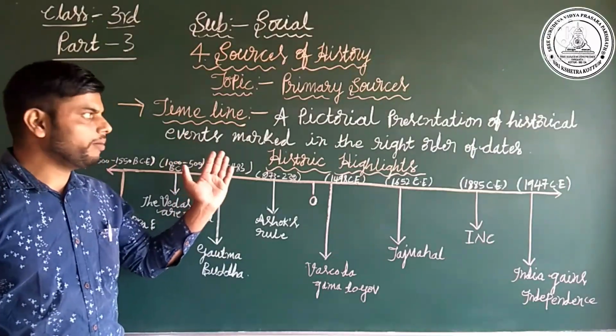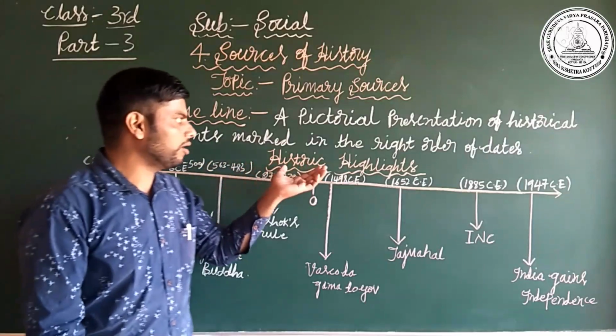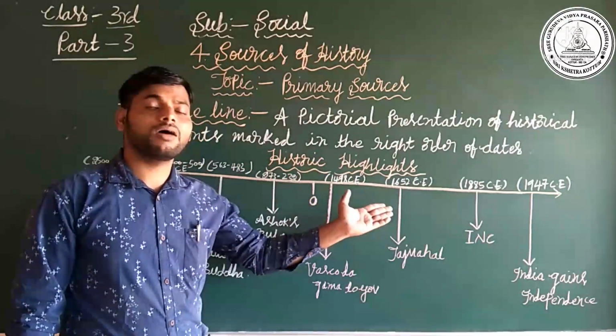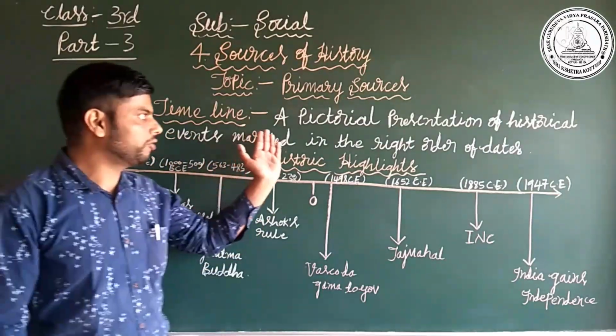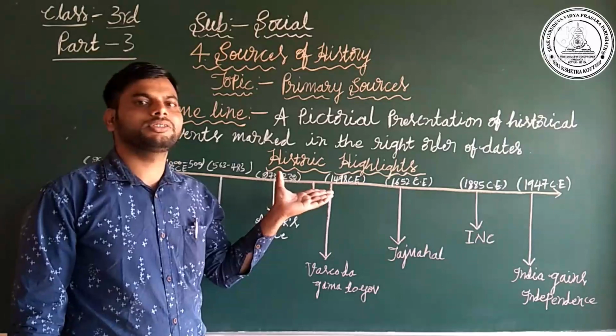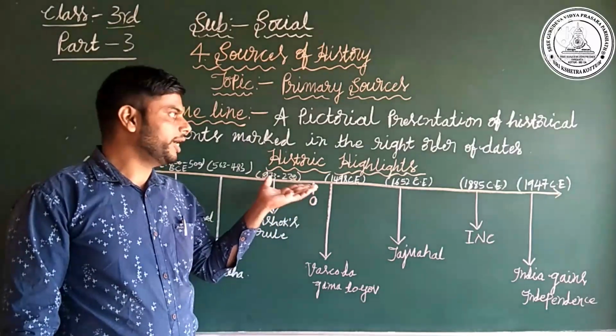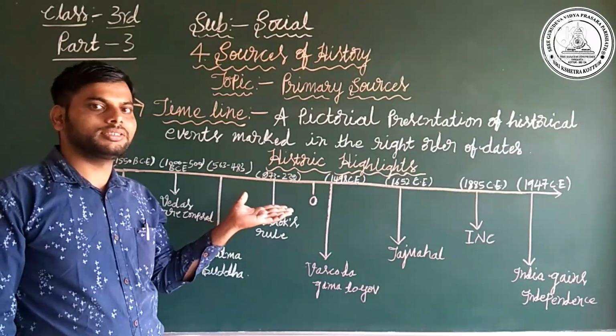A timeline is a pictorial presentation of historical events marked in the right order of dates. Pictorial means picture. Through the picture it gives exact information along with the dates about what happened in the earlier days.